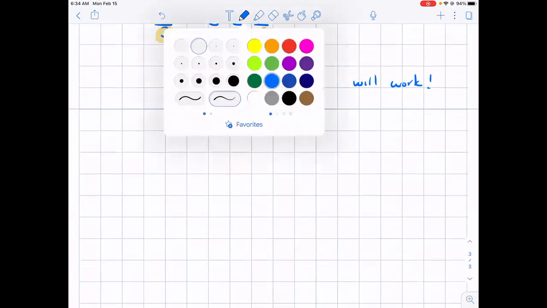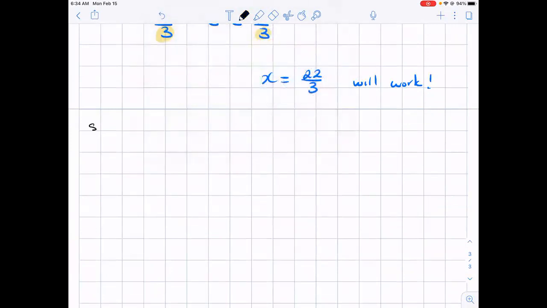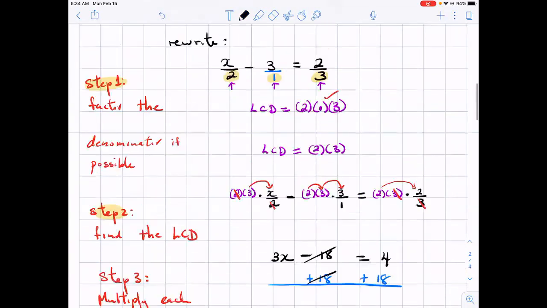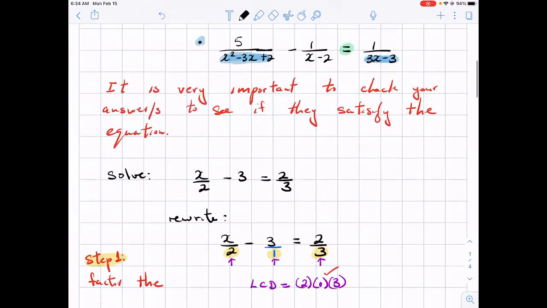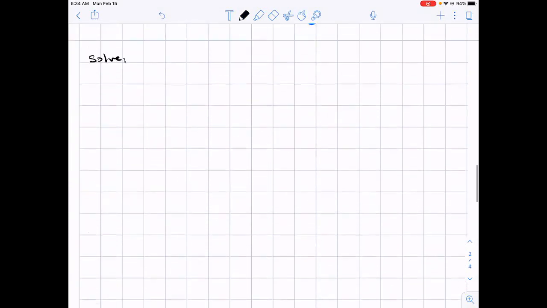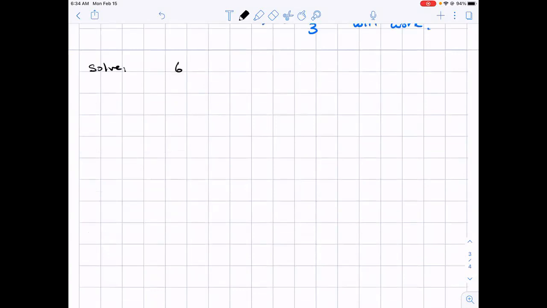Let's look at the second example that I had written earlier, and that was 6 over a minus 4 equals 3/8. Okay? So we now want to solve 6 over a minus 4, and that is equal to 3 over 8.